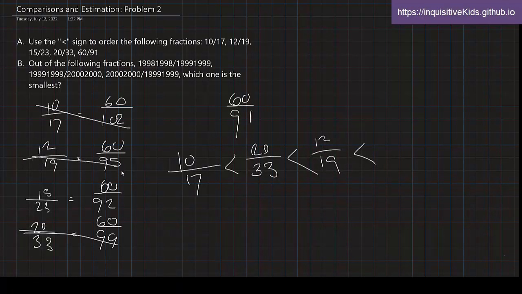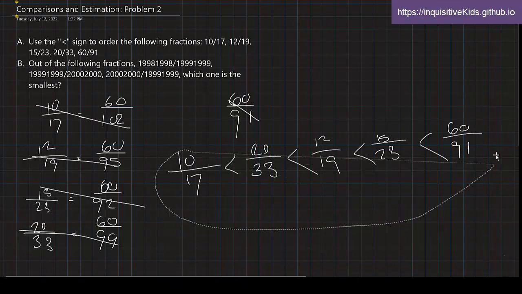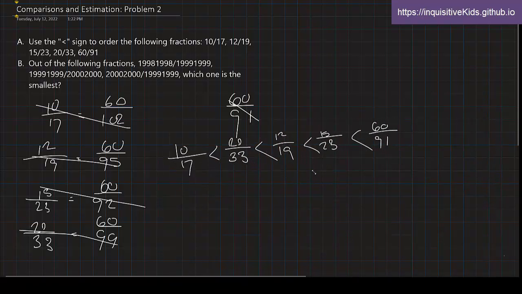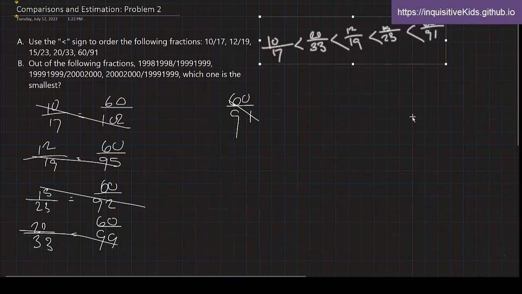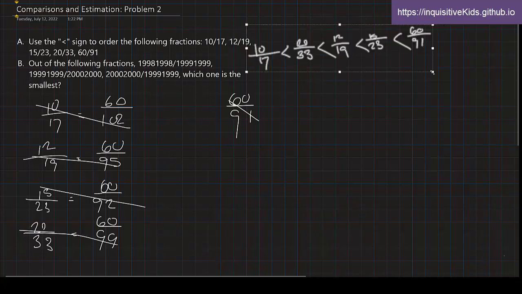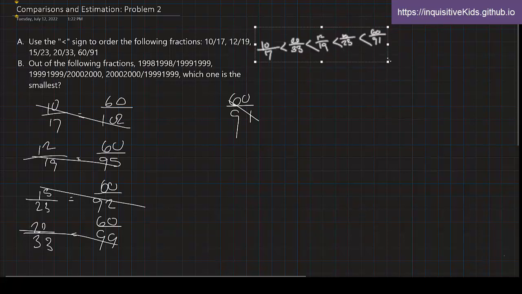Crossing that out, and we get 15 over 23. And the one with the smallest denominator is 60 over 91, meaning it is the greatest. So our final answer for question A would be this right over here. Let me shrink it.